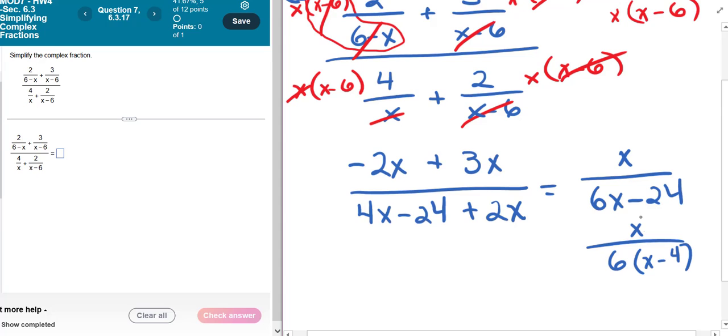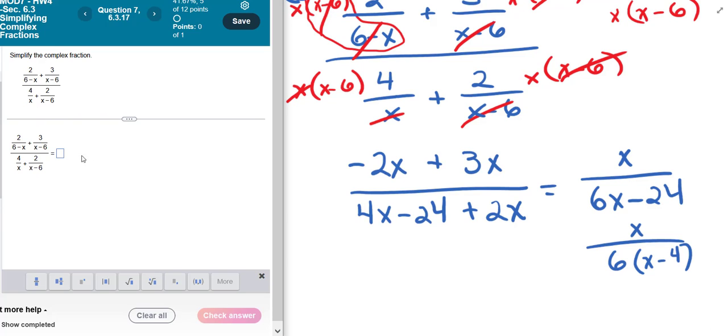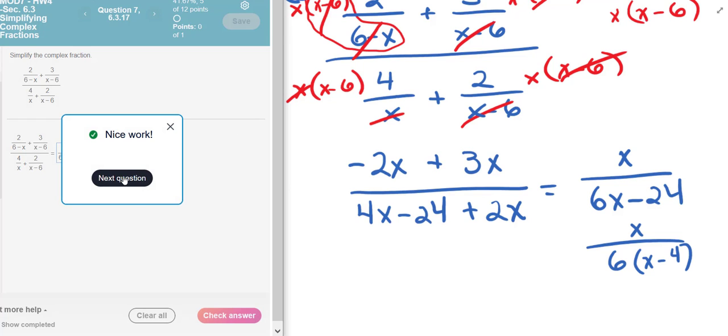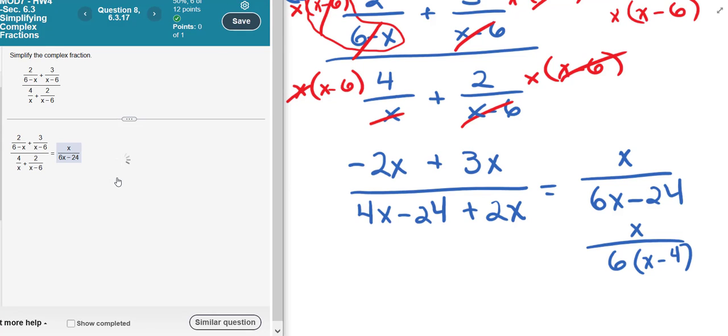You could have either form here for your answer. You have to think about that reducing, but it doesn't always reduce. So x over 6x minus 24. Good. All right, we'll stop there.